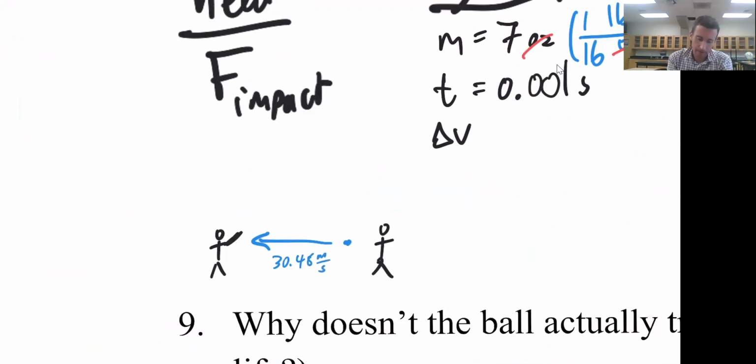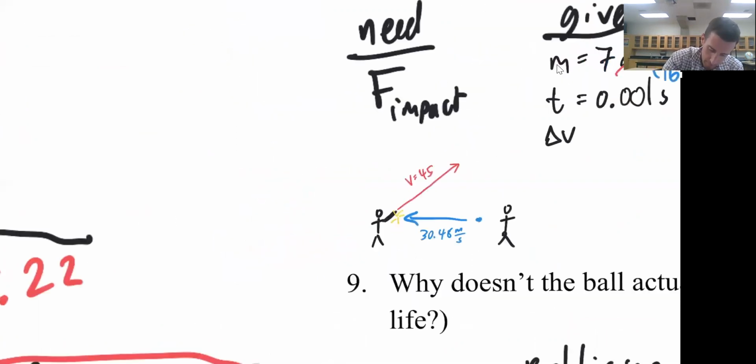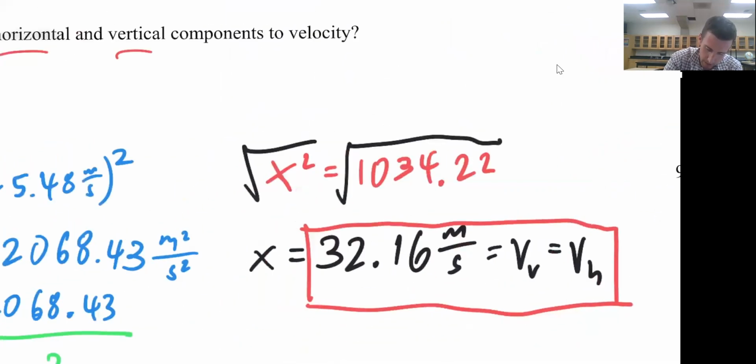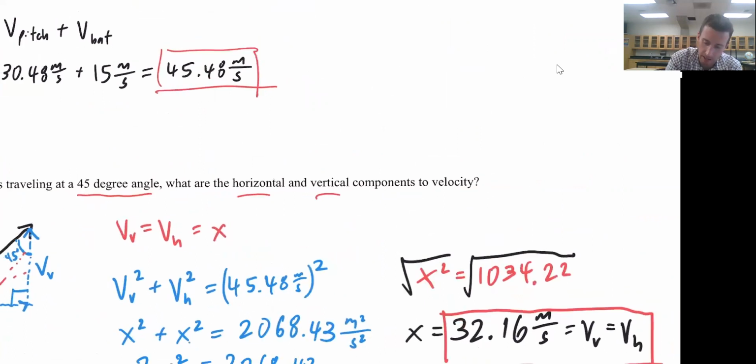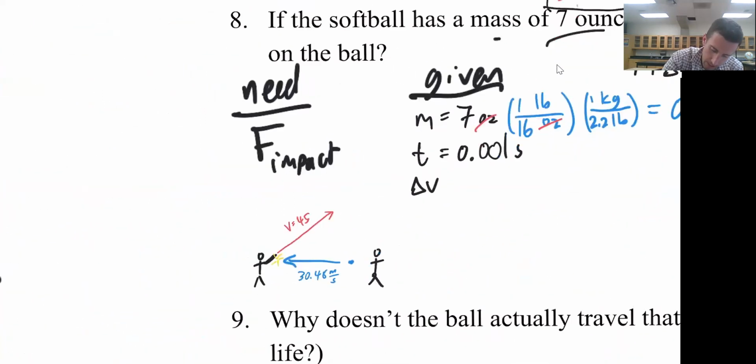Okay, then there's a collision, pew, where the batter hits the ball, and the ball leaves with a velocity of 45.48 meters per second.